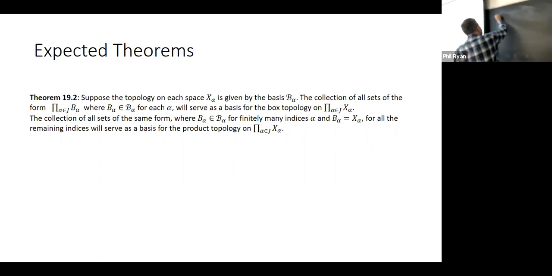So 13.2, remember, told us that for any open set U and an element x of U, there exists a C from your collection such that x is contained in C and it's contained in our open set.